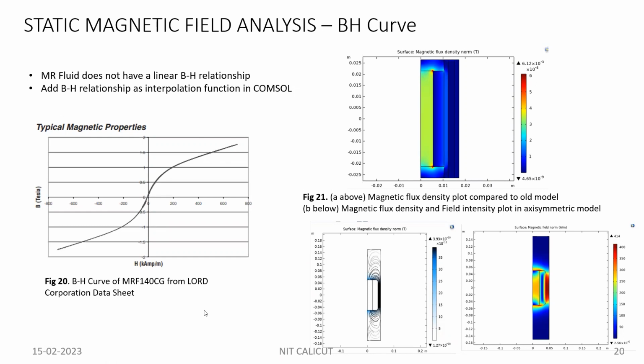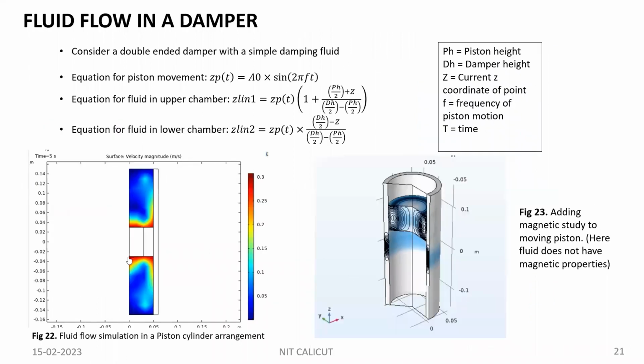Even though we have made this fluid, we could not do so many tests because of non-availability. So using this standard fluid, we have analyzed all this, and in case we get some funding, we will buy it and do the experiments and compare with the simulation.